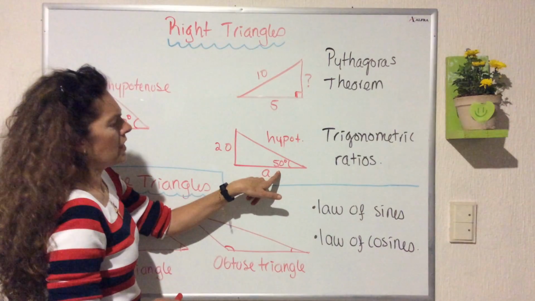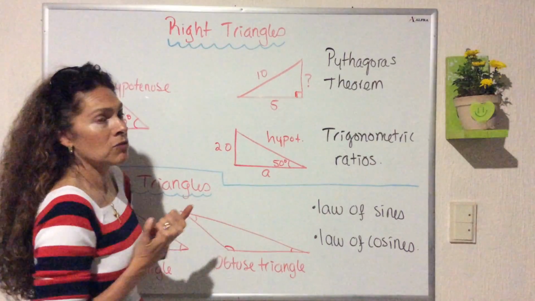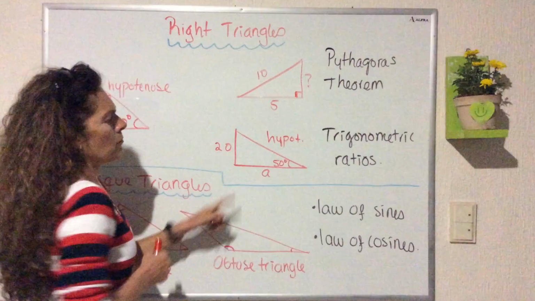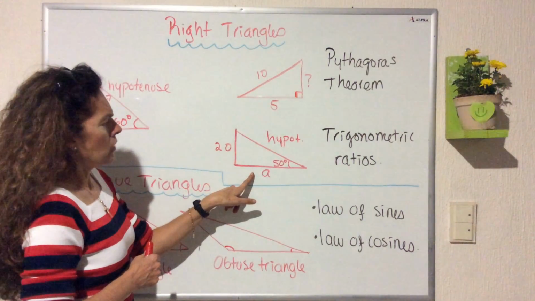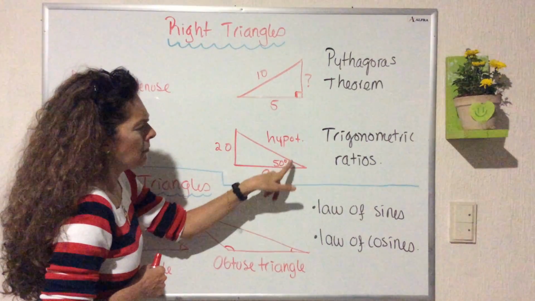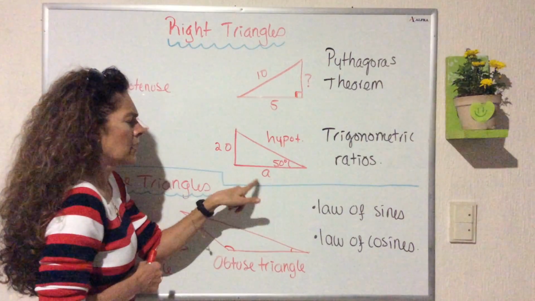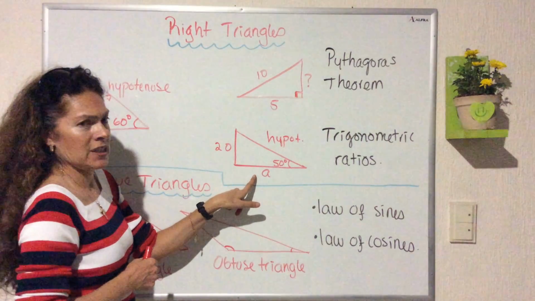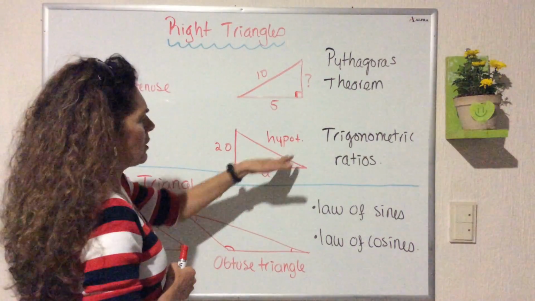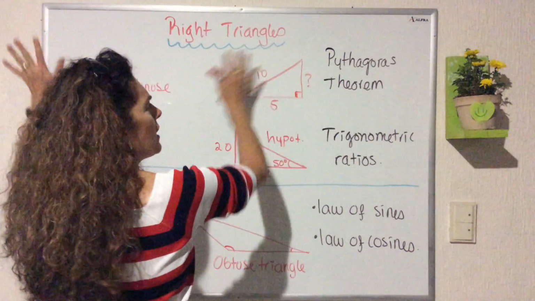If you want to find the measure of side A, you can relate the opposite side with the adjacent side. Which trigonometric ratio helps you find side A? It could be the tangent: the tangent of 50 degrees equals 20 over 8, and then you just solve for A. We already learned all this.